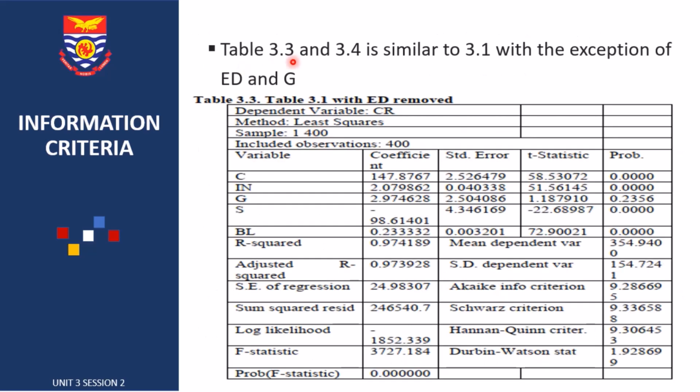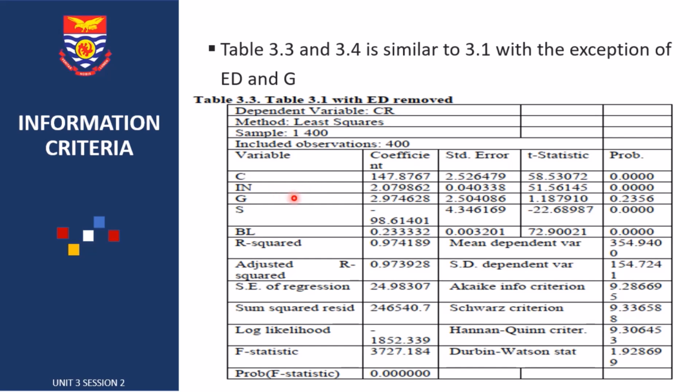Tables 3.3 and 3.4 are similar to 3.1, but the difference is that in table 3.1 we had all the regressors that were explaining the movement in the regression.